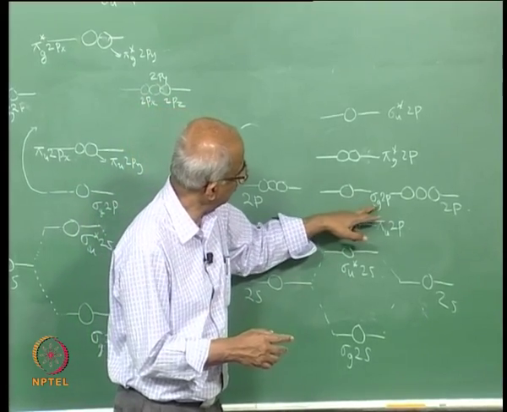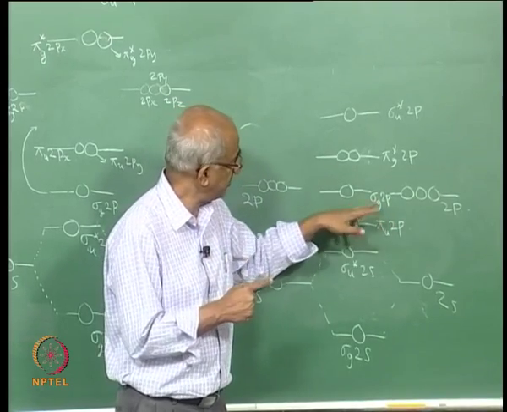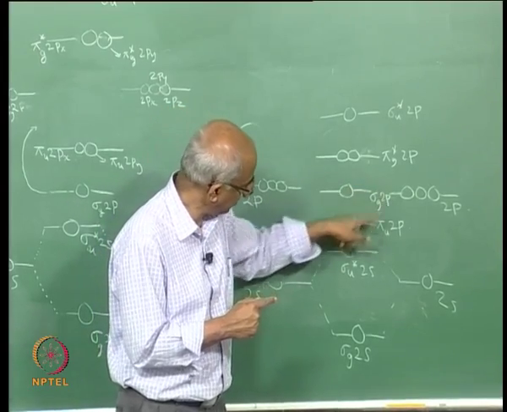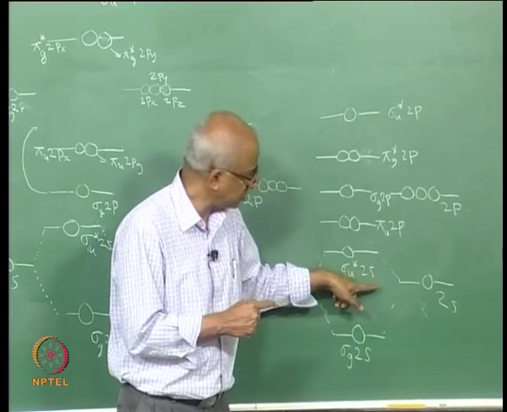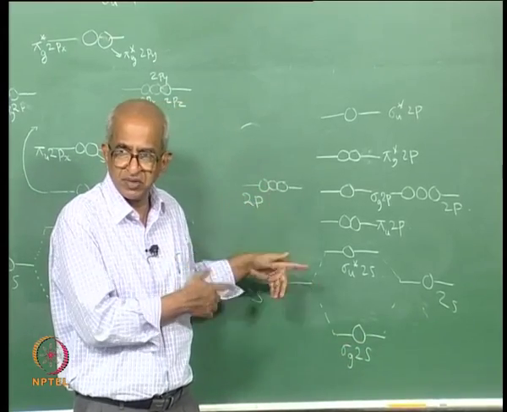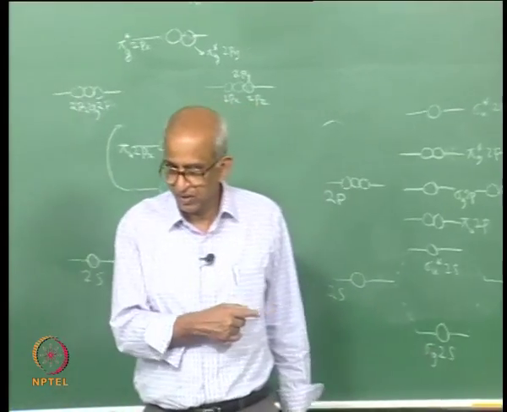What I am saying is that there is appreciable contribution from 2s also. Therefore, you cannot really say that this is sigma g 2p and that is sigma u star 2s and this is sigma g 2s, because there is appreciable contribution from the 2p orbitals also for these orbitals.